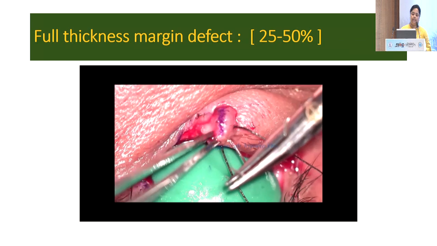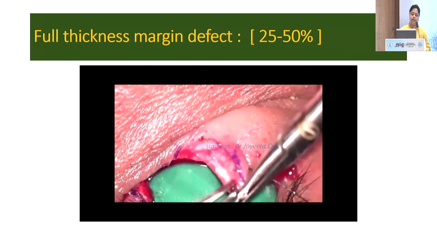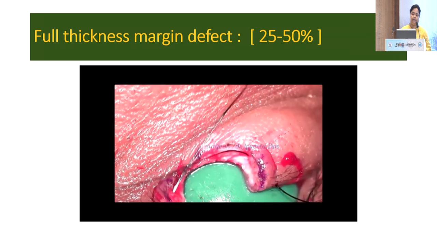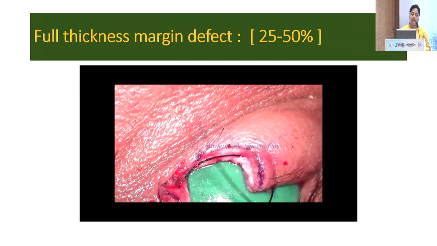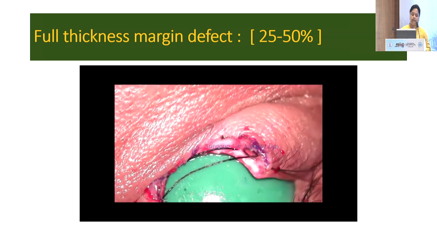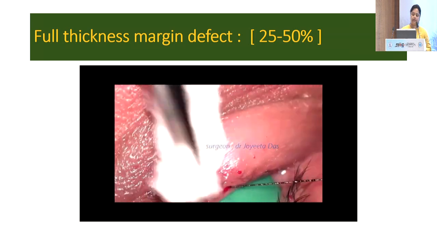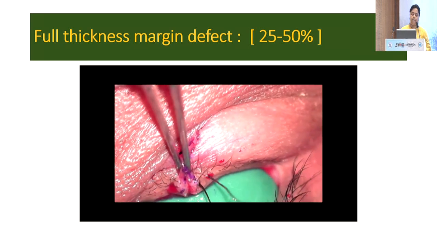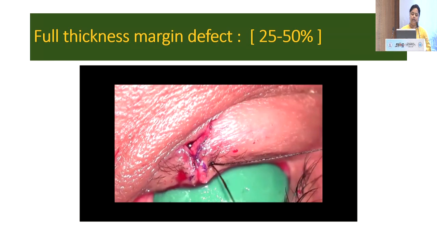If it is small, that is 25 to 50%, then direct closure can be done. First, horizontal mattress, vertical mattress suture is given in the 3 millimeter rule. Then the suture is tightened and kept long.